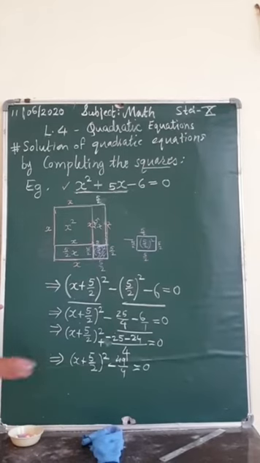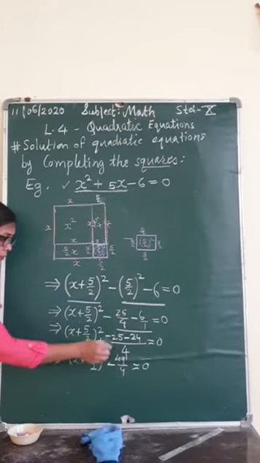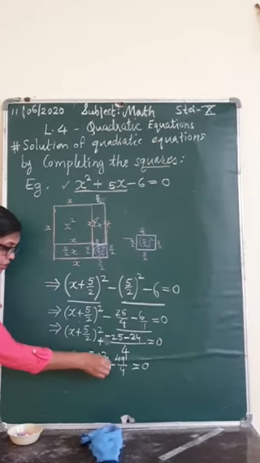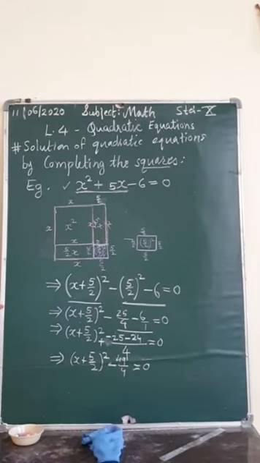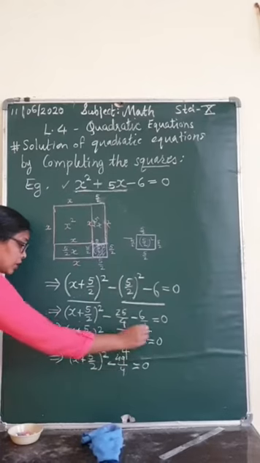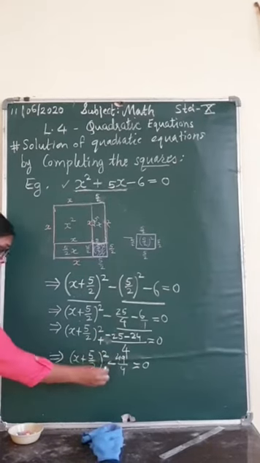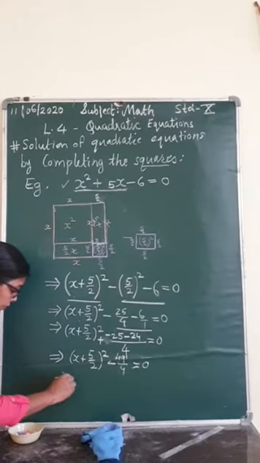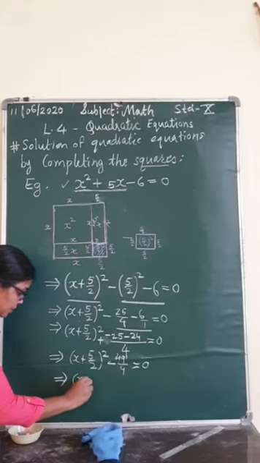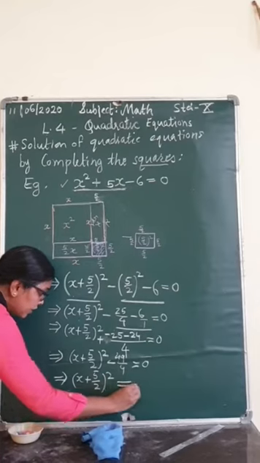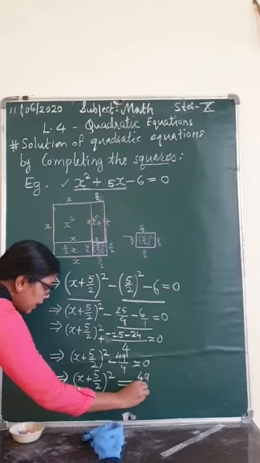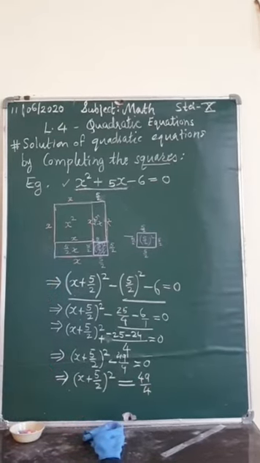I hope you have understood how we get minus 49 here, as the sign changes. Now if we transpose this to the other side, we have x plus 5 upon 2 whole bracket square is equal to 49 upon 4.